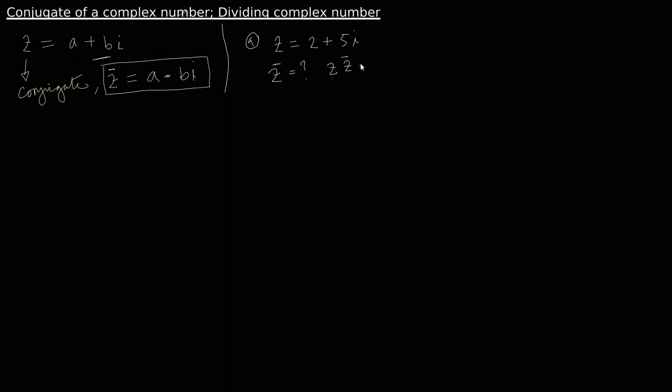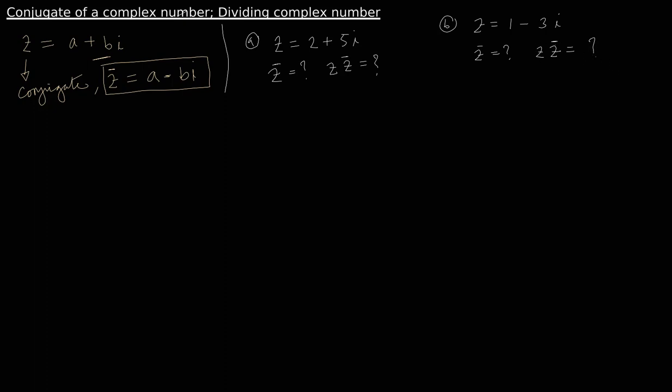So I am multiplying a complex number with its conjugate. Similarly, I am going to solve another problem b, where z equals 1 minus 3i. In this case again I have to find the complex conjugate of this number and multiply this complex number with its conjugate. Let's see what happens.